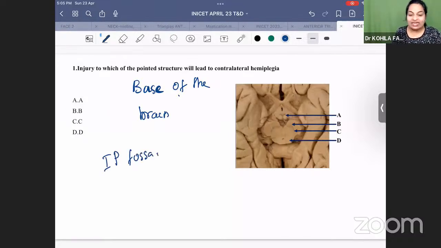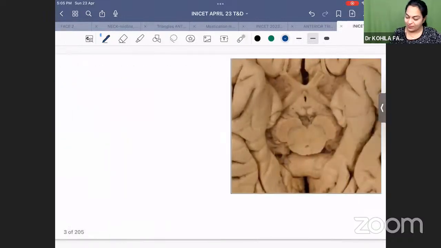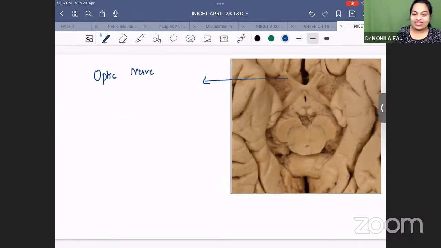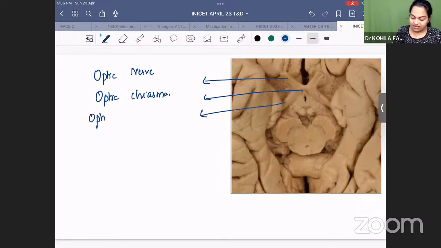So let's identify what the structures here are. That's the optic nerve, right? This is the optic chiasma, right? This is the optic tract.